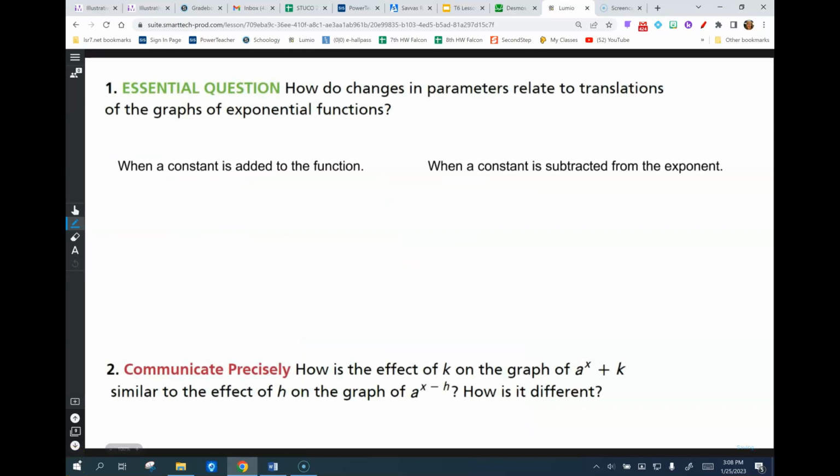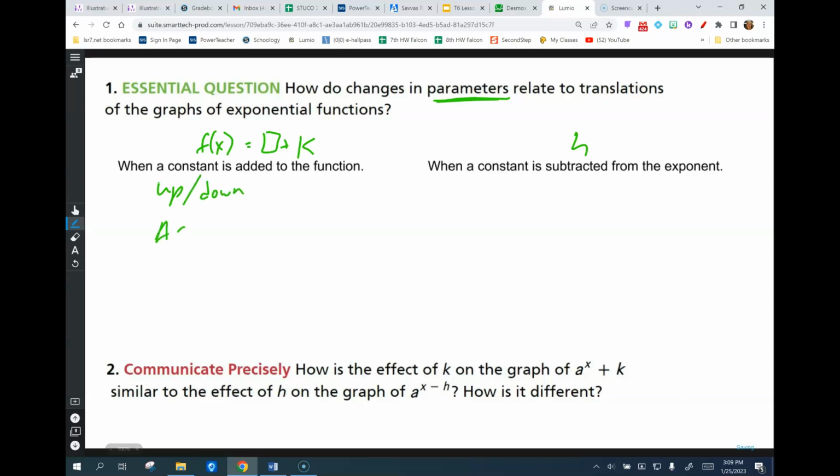So the essential question: how do changes in parameters relate to the translations of the graph of the exponential functions? What they mean by parameters is this k and this h. So when a constant is added to the function, f of x is equal to whatever plus k or minus k, then it's going to shift up and down.